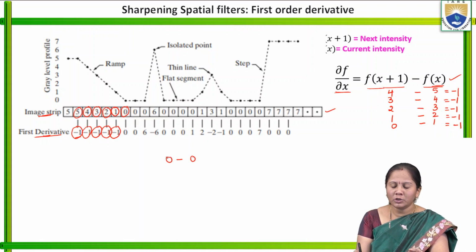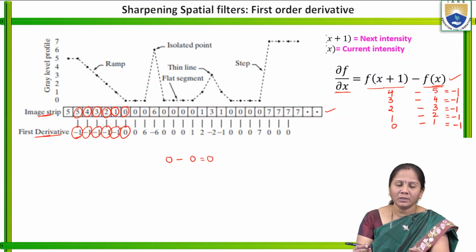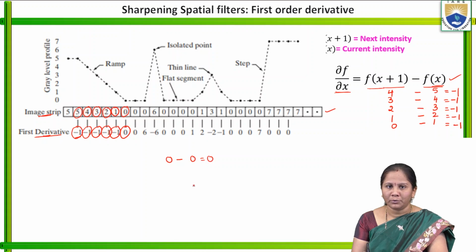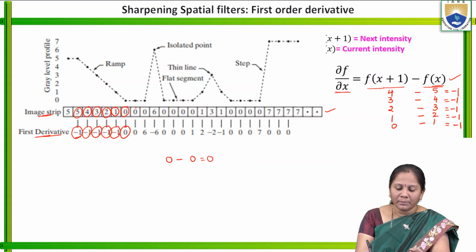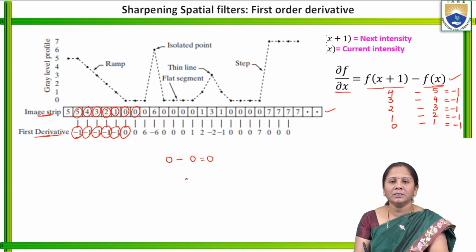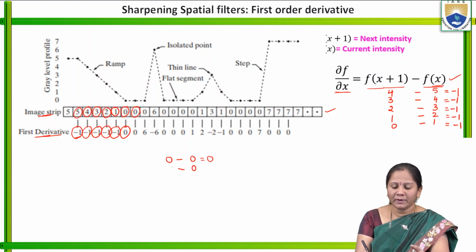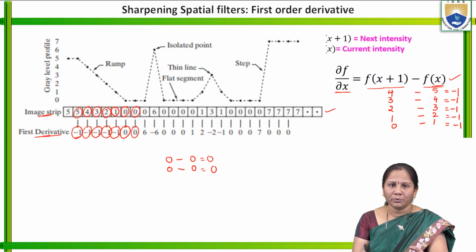So 0 minus 0, the value is equal to 0. And here we got this 0. And the same, considering this 0 as the current intensity, the next intensity value f of x plus 1 is again 0. That's why the result we got is 0.